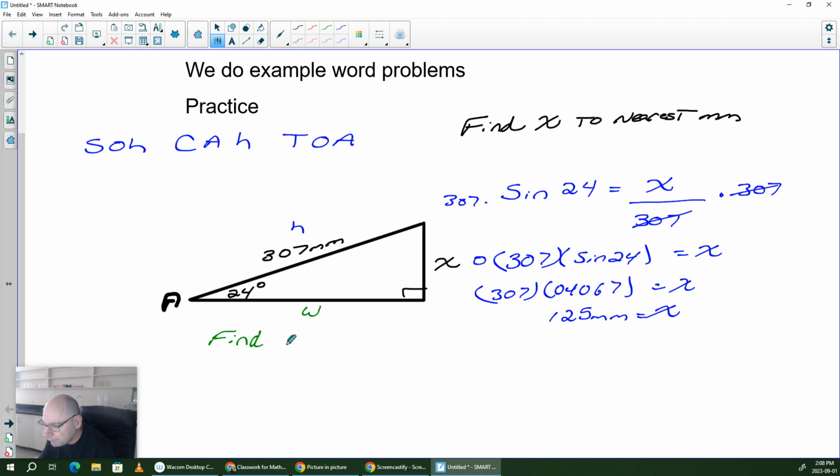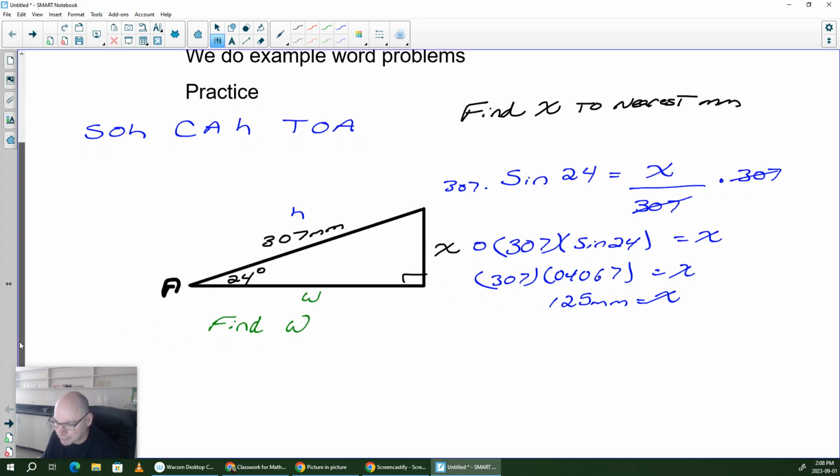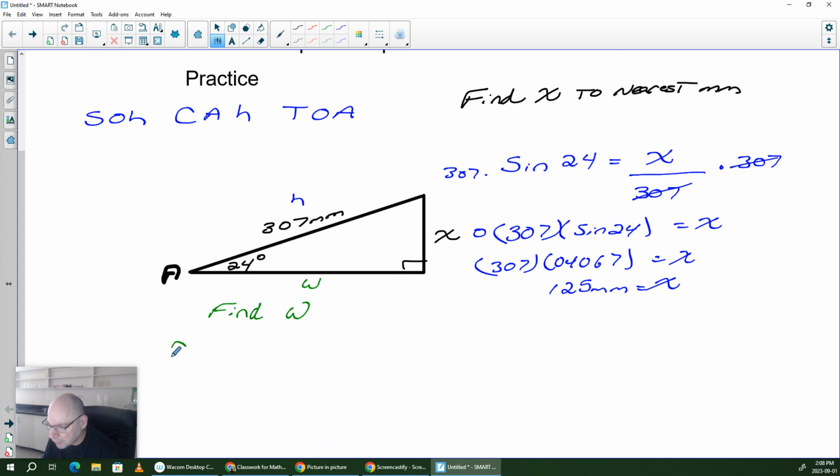Find W. Of course, we could do the Pythagorean theorem now that we know this one, but let's just use the cosine ratio instead. So we know that cosine of 24, because it's still A, is the adjacent side over the hypotenuse. So for the green part, we would use adjacent over hypotenuse.